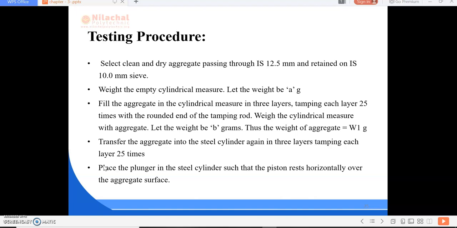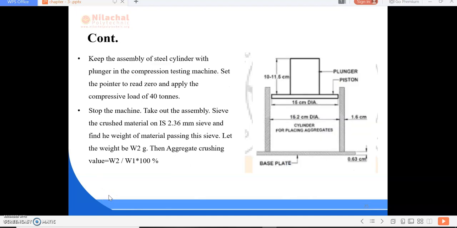Weigh the cylindrical measure with aggregate. Let the weight be B grams. Thus the weight of aggregate W1 grams is found as B minus A. Then transfer the aggregate into the sealed steel cylinder, again in 3 layers, tamping each layer 25 times. Place the plunger in the steel cylinder such that the piston rests horizontally over the aggregate surface.